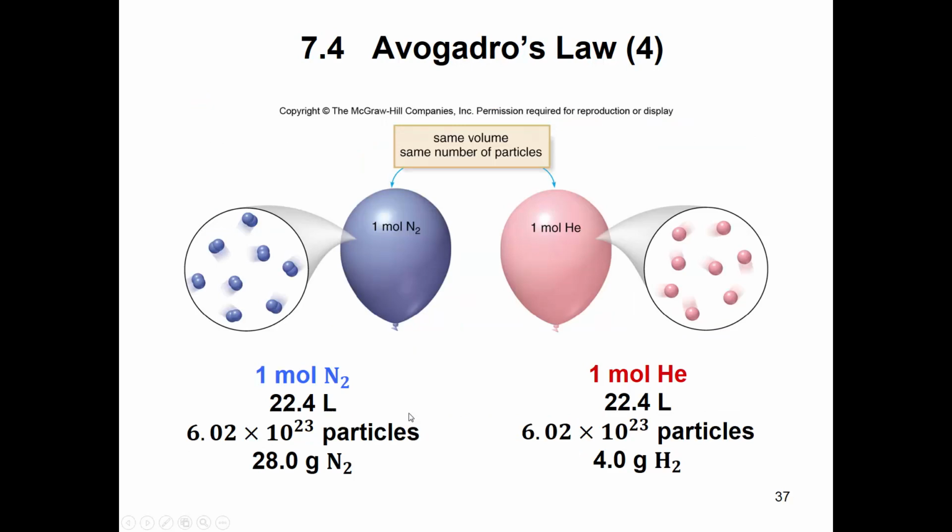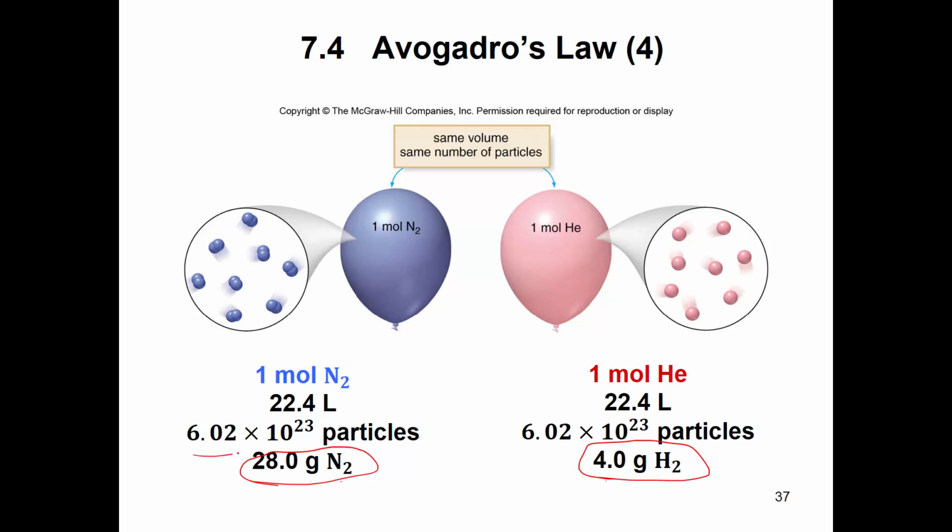So remember that different masses are going to be different moles. Like it takes 28 grams of nitrogen gas to make a mole. It takes only 4 grams of hydrogen gas to make a mole.